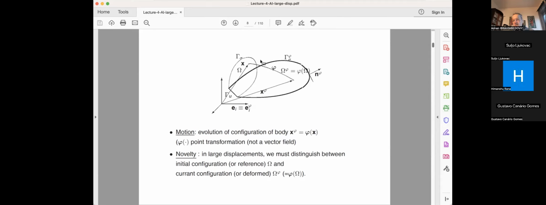That means the trajectory of each and every one of these particles traveling from the position in the initial configuration to the position in the deformed configuration. And this motion, we call phi of x. It's a pointwise transformation, not a vector field, that describes how to move a particular particle from the initial configuration to the deformed one.